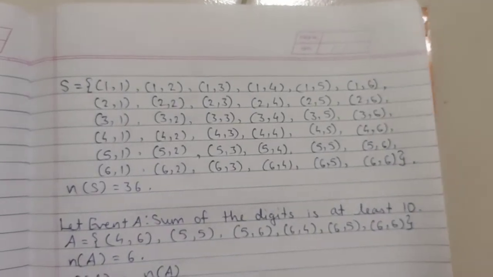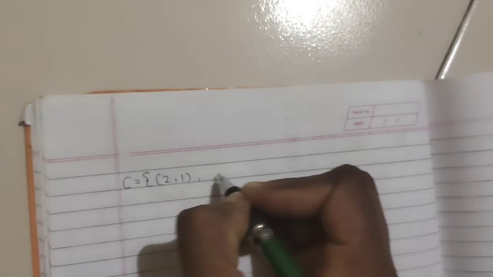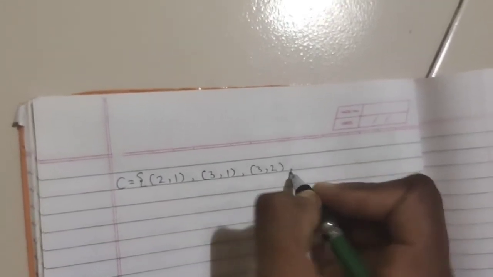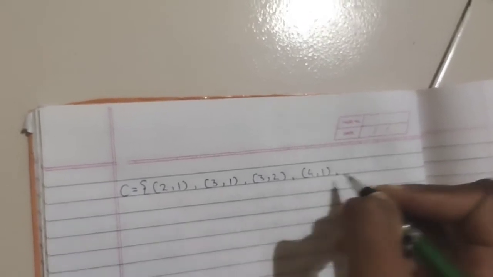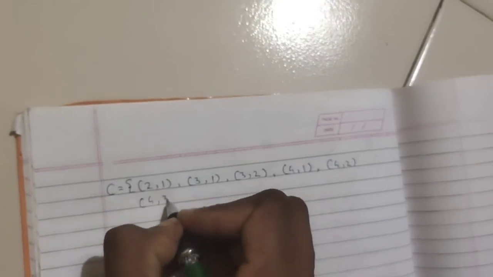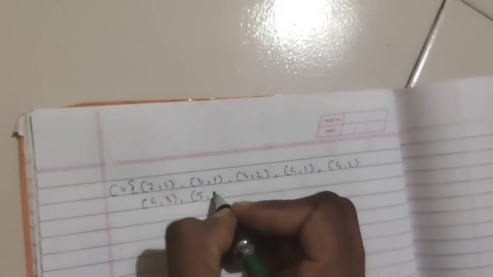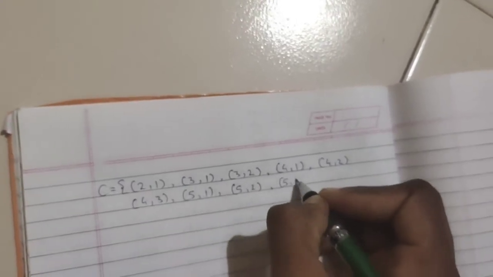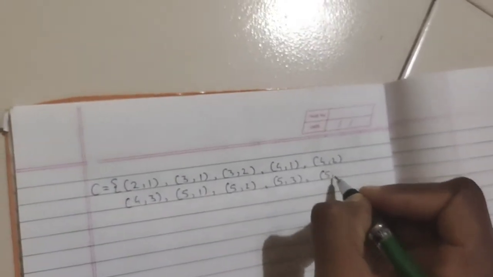So let us write that. Let me write event C: 2 1, then you have 3 1, 3 2, then 4 1, 4 2, then 4 3, 5 1, 5 2, 5 3, 5 4 will also come.